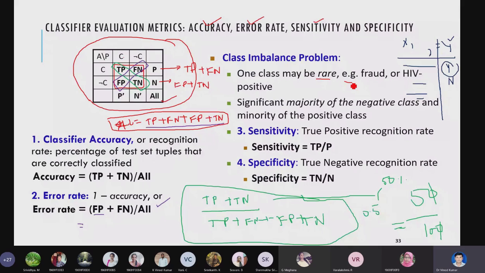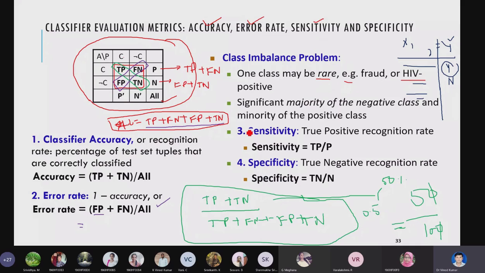Also for some diseases like HIV positive, in the records HIV positive is very less, but the number of HIV negative will be more. If you train on such data sets, the classifier performance is affected. So there is a significant majority of the negative class and a minority class of the positive.